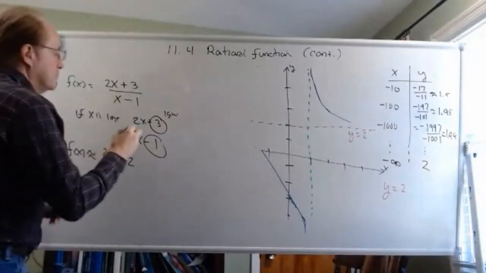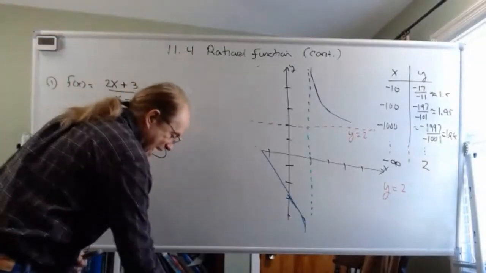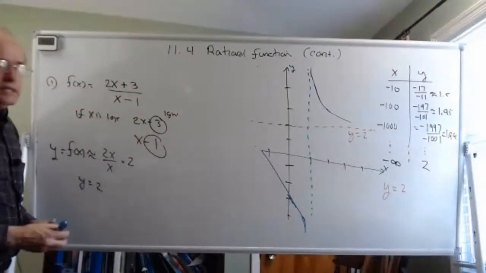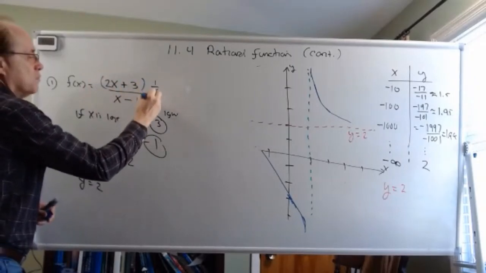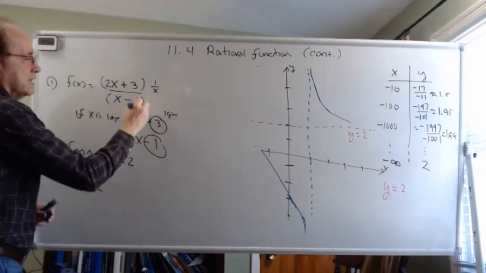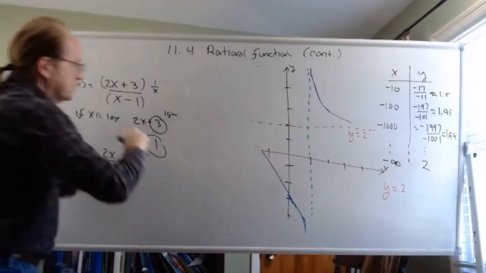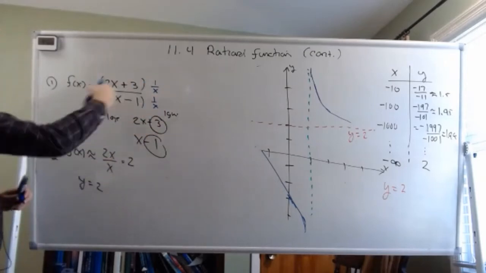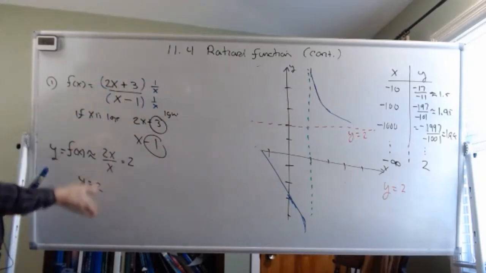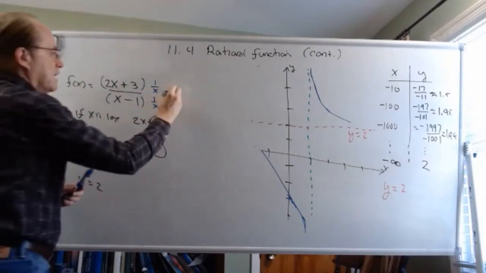This is what we sometimes do algebraically, and you'll see this trick in calculus. I'm going to multiply top and bottom by 1 over x. Now this is not valid when x is 0, so it only applies when I'm far away from the origin. If I distribute that, this is the same analysis, but done in a different way.